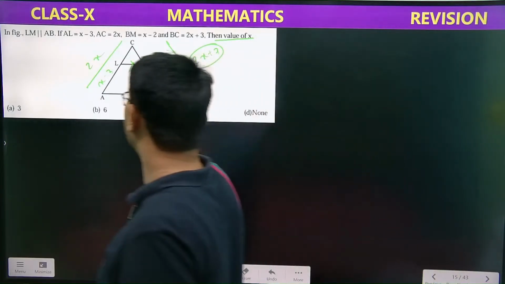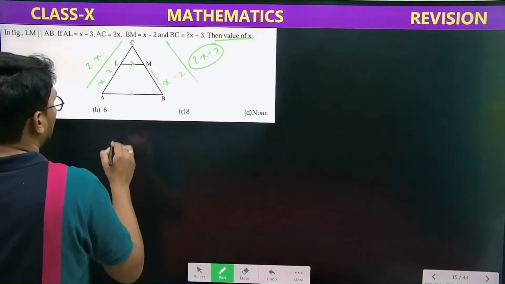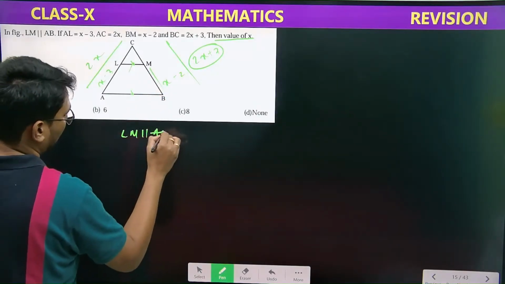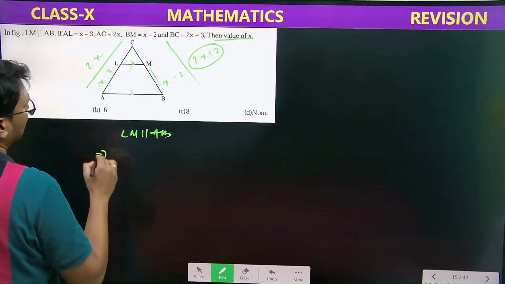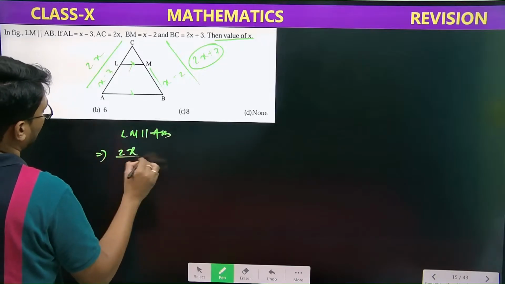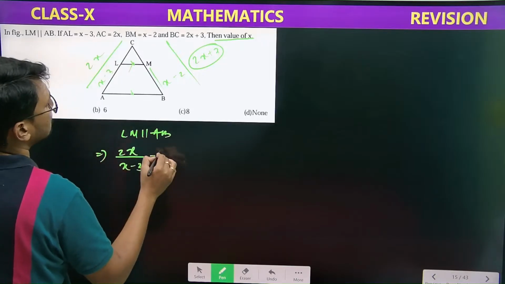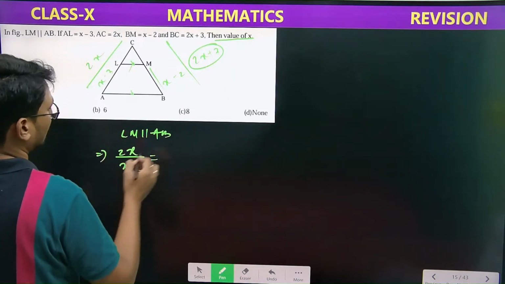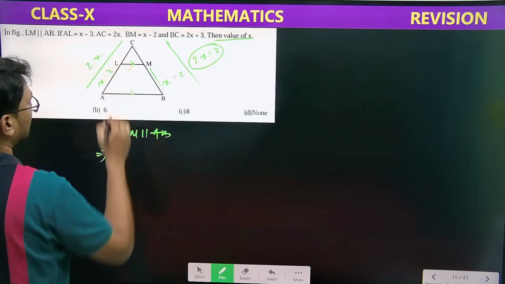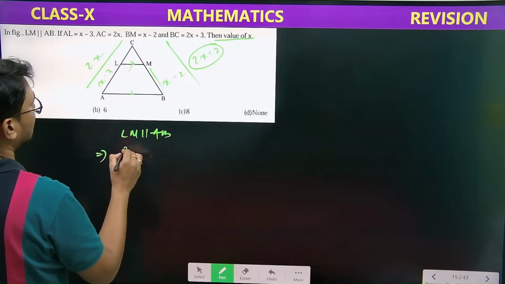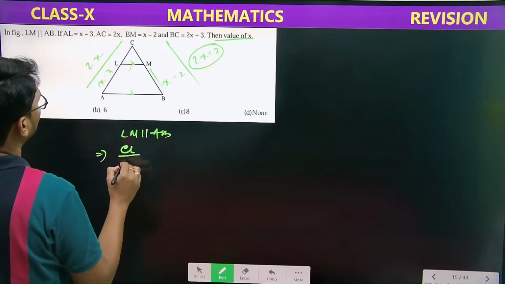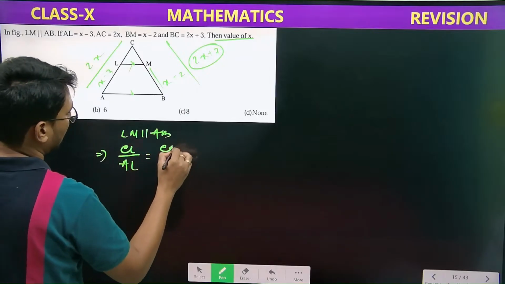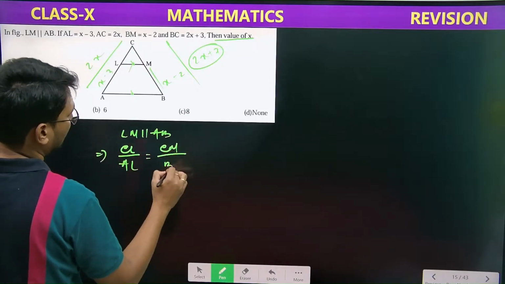We can apply the basic proportionality theorem. Since LM is parallel to AB, by the basic proportionality theorem, CL by AL equals CM by BM.